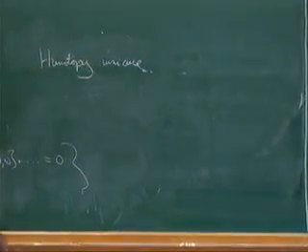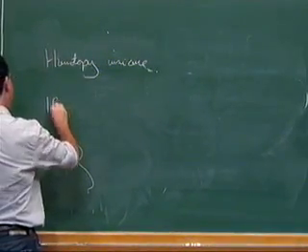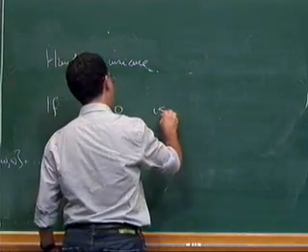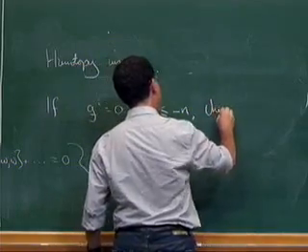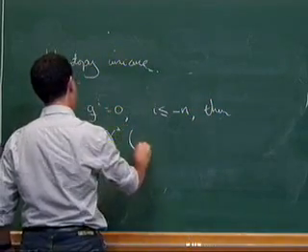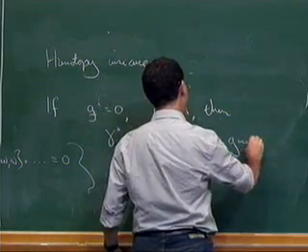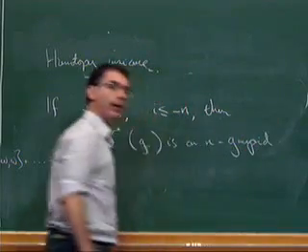And secondly, that if g_i equals 0 for i less than or equal to negative n, then this guy is an n-groupoid. Okay?